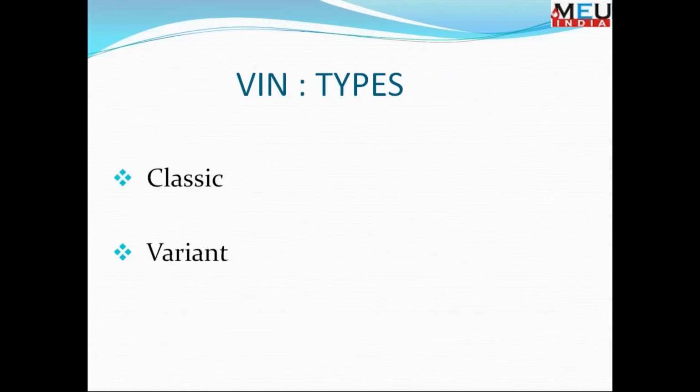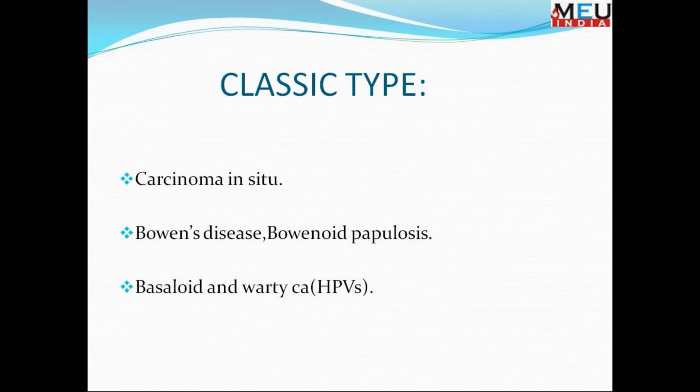The vulvar intraepithelial neoplasia has a classic type and there are variants. The classic type is basically the carcinoma in situ, which does not penetrate the basement membrane, and the Bowen's disease, or also known as Bowenoid papulosis. We also get the basaloid and warty carcinoma.